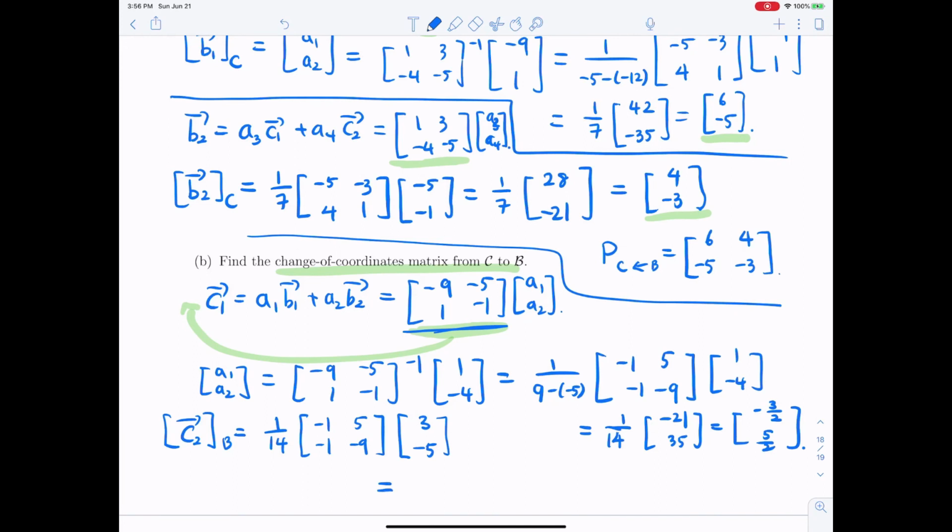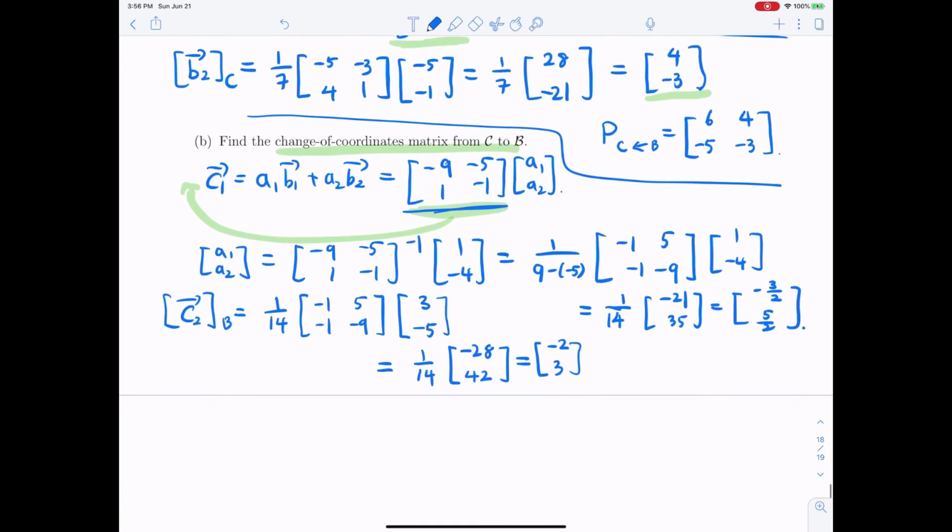Then this gives you 1/14 times (-28, 42). So you get (-2, 3) as an answer. So from here, we can conclude that the change of coordinate matrix from C to B equals [-3/2, -2; 5/2, 3].